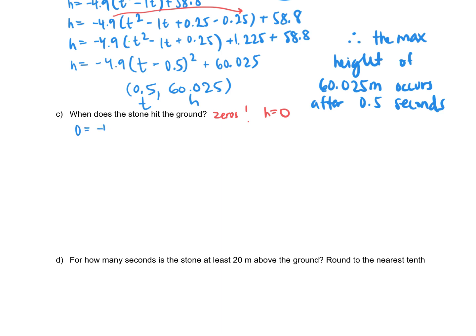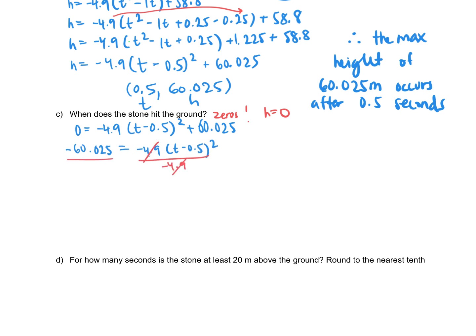So 0 equals negative 4.9 times t minus 0.5 squared plus 60.025. We need to first isolate for the bracket, which means I'm going to bring the constant to the other side. It's going to turn it negative, which is no problem because in my next step, I'm going to divide out the negative 4.9 to cancel it out.